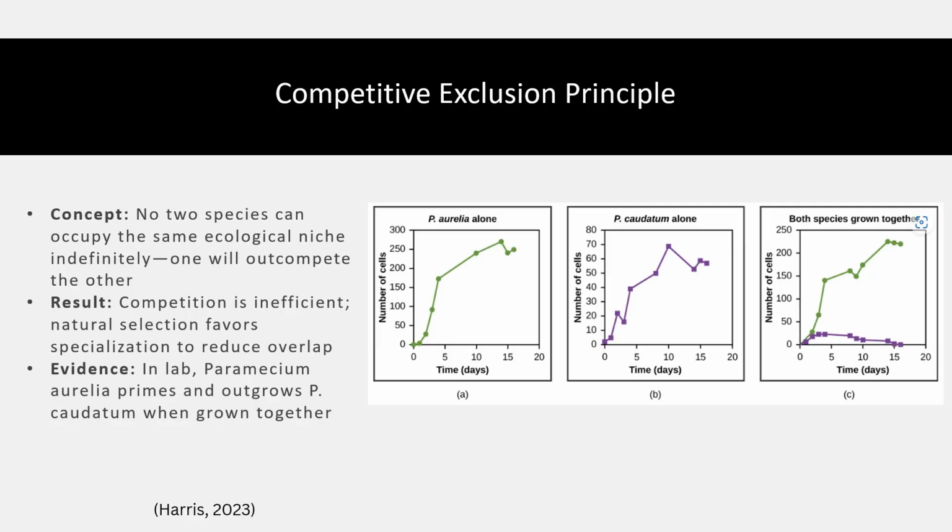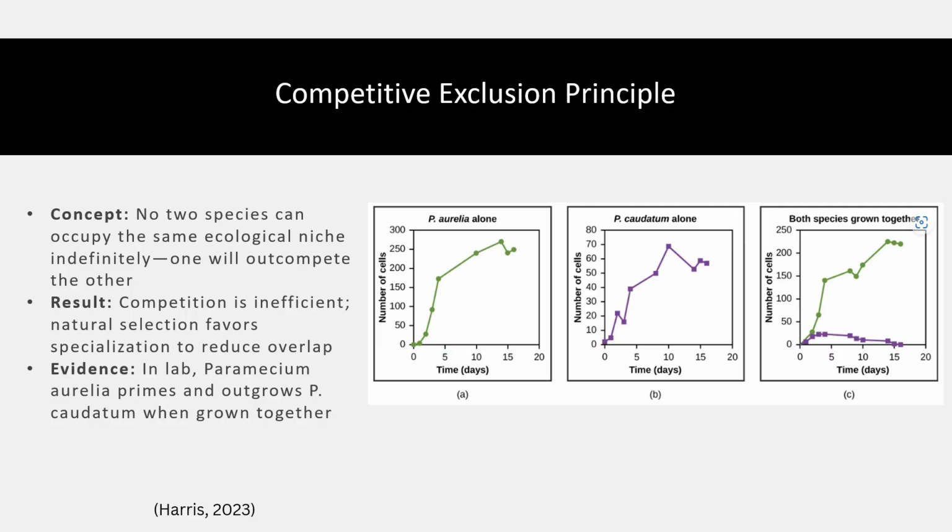There's also the competitive exclusion principle. This states that no two species can occupy the exact same niche indefinitely. Eventually, one's going to outcompete the other. So competition often pushes species towards specialization, or the development of different food sources, habitat zones, or activity times to reduce that overlap.